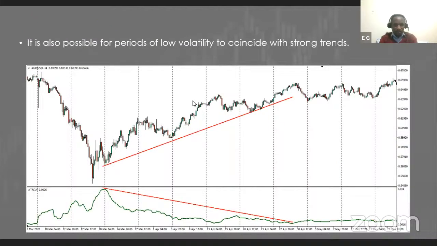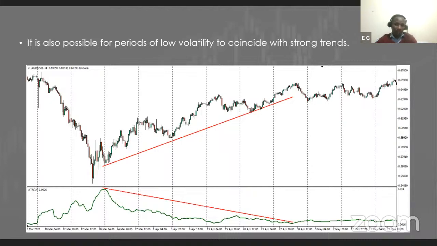Then it's also possible for periods of low volatility to coincide with strong trends. Like in this case, if you look at this chart, the trend line is marking a period within which price was moving upwards. So we had a very strong uptrend, but that uptrend should not be mistaken for volatility.